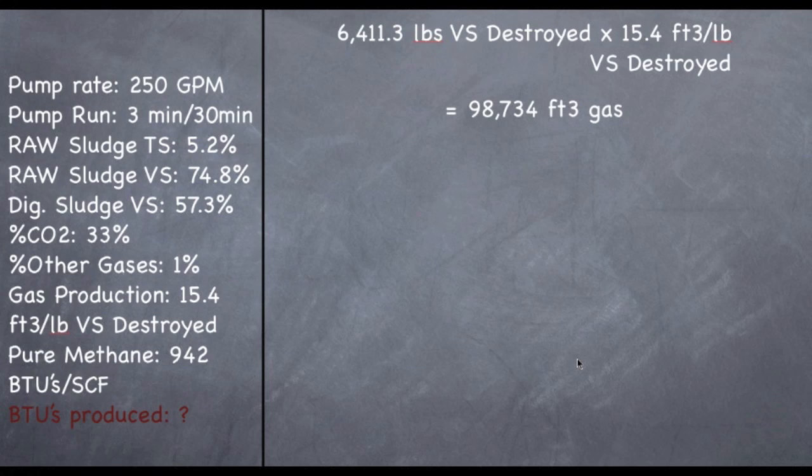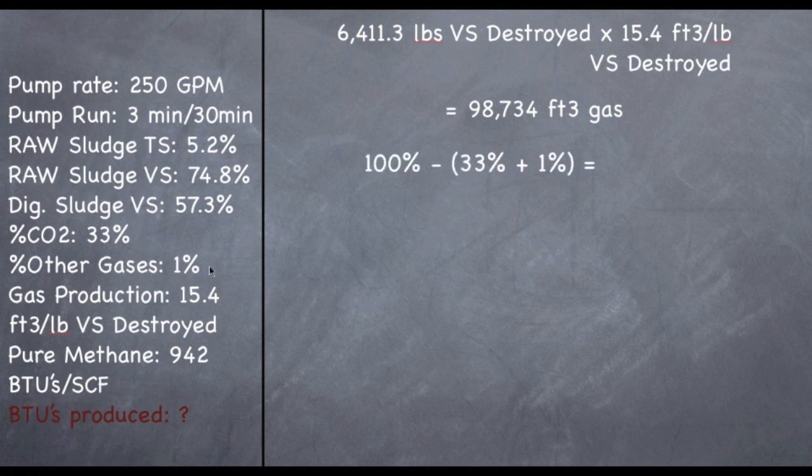Now what you need to remember is that this is total gas. This isn't pure methane. If you look over here, this gas is 33% carbon dioxide and 1% other gases. So it's 34% not methane. So we need to figure out how much of it is total methane.